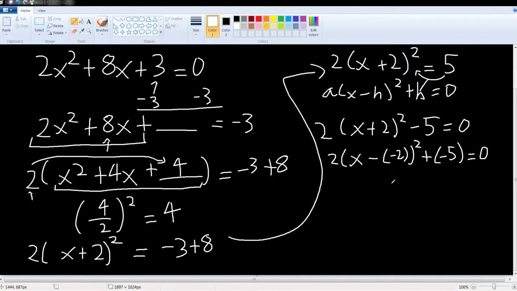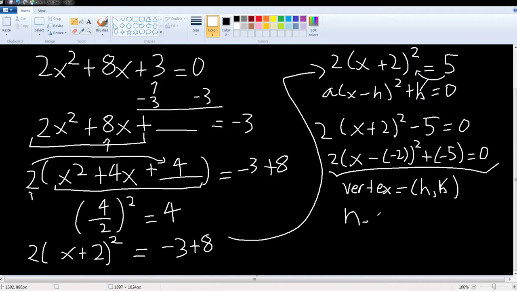So in this case, this is the vertex form of the original equation, 2x squared plus 8x plus 3 equals 0. And as we can tell, the vertex is easily read off of this equation. The vertex is h, k, right?